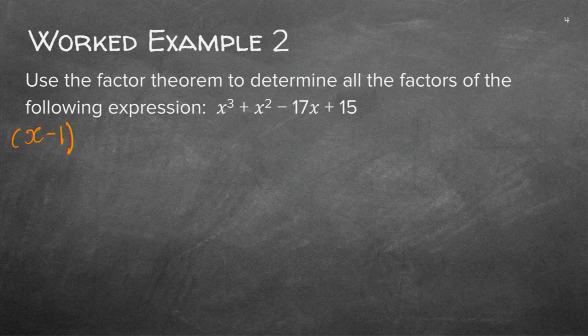Okay, so if you substitute in x minus 1 there, you will find 0. Now, the second factor that we found after dividing, so we can use either the long division or synthetic division or by inspection. So since now we're doing it by inspection, the next factor that we're going to have will be x to the power of 2 plus 2x minus 15.